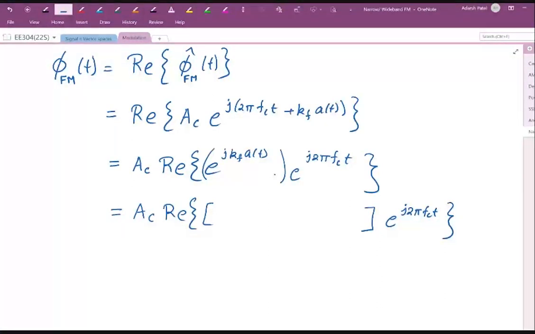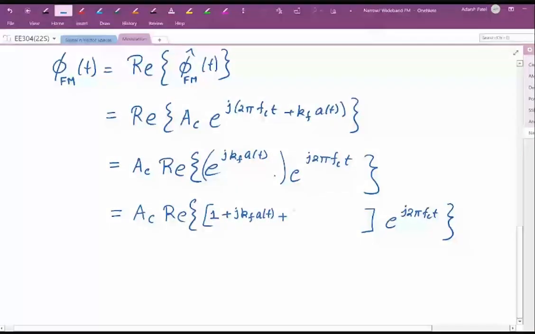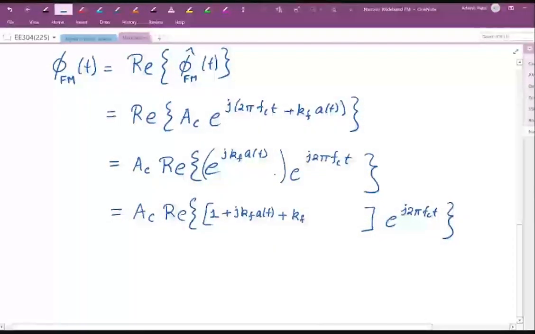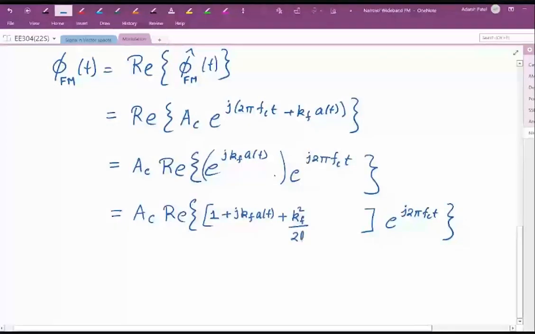e to the power x is 1 plus x by 1 factorial plus, so I should be saying 1 plus j kf a(t). Is it the first term? Yes, sir. What should be the second term? The square of this term by 2 factorial, so j kf a(t) whole squared by 2 factorial.